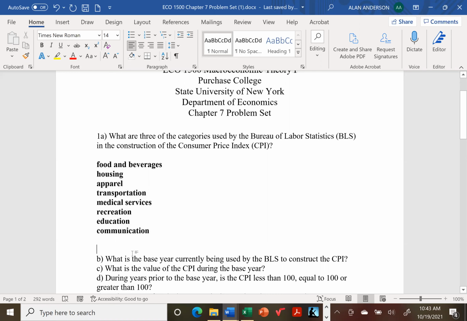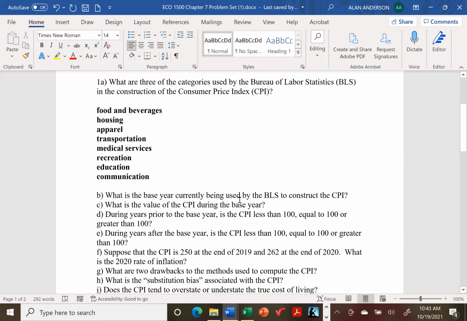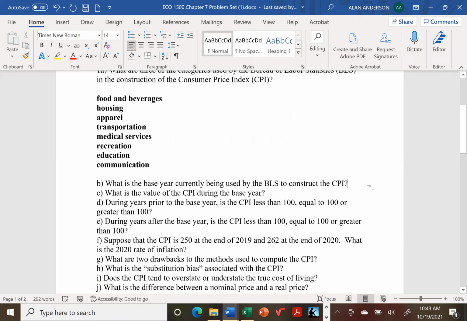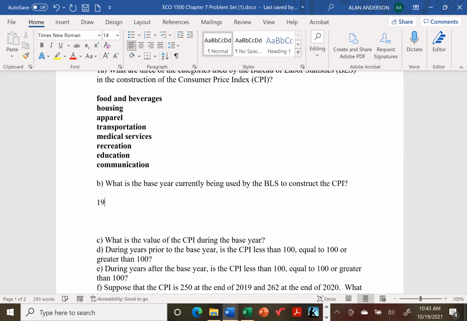Okay, so these are the basic categories they use to construct the consumer basket, which is then used to calculate the CPI. Now, the base year is kind of an odd setup. They're basically using a range between 1982 and 1984 to act as the base year.